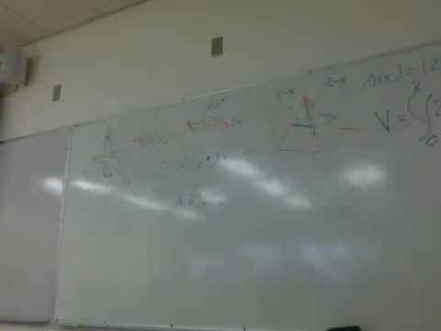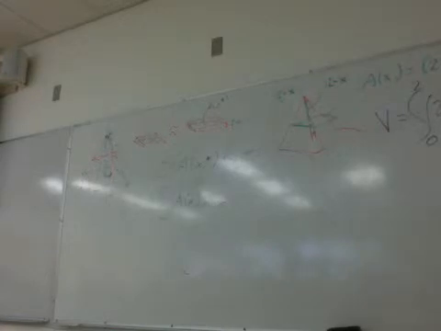Hopefully it works now. Sorry, now the Java's loading and I can actually show you the visualization of it. Run. Okay, so this is a visualization of this pyramid in question.